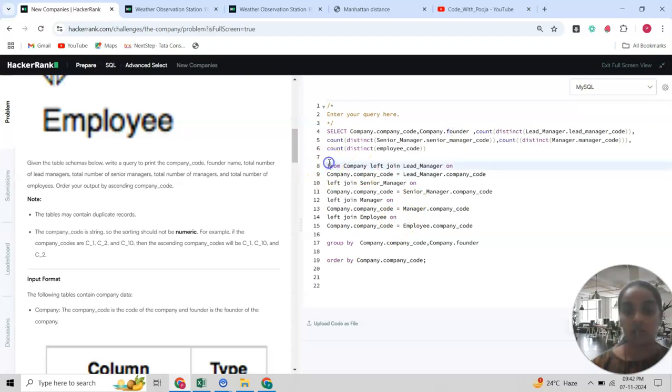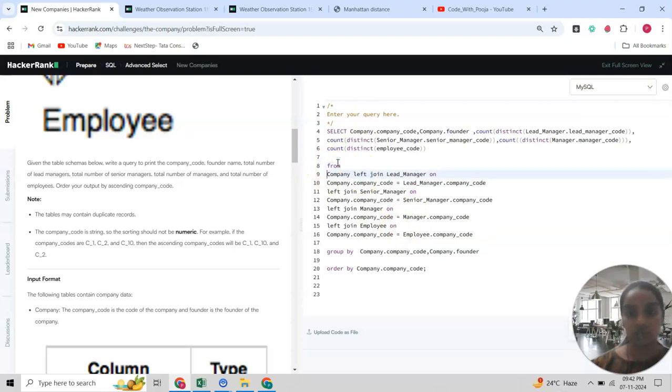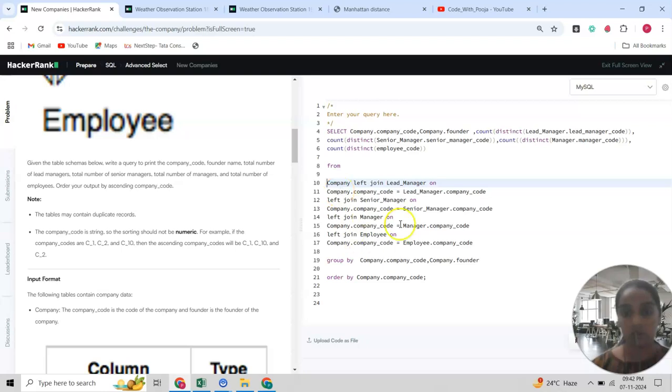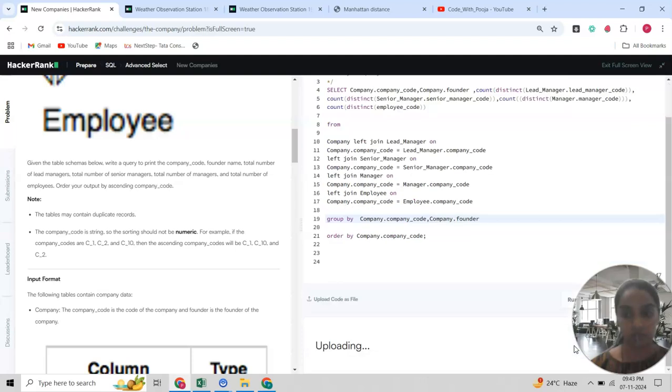And we are joining all the tables here. Then we group by the whole thing using the company code, and then we count one by one. And then order by is used for ordering. So ready to run the code, and I'm running the code.